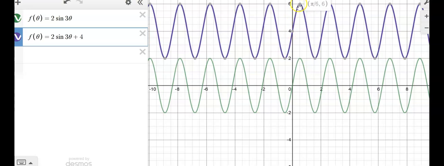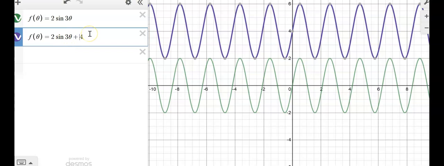So 4 to 6, and 4 to 2. So the sine function has shifted 4 units up from 0 to 4. That's what the value of k tells us.